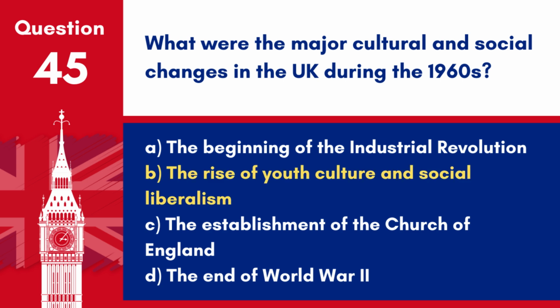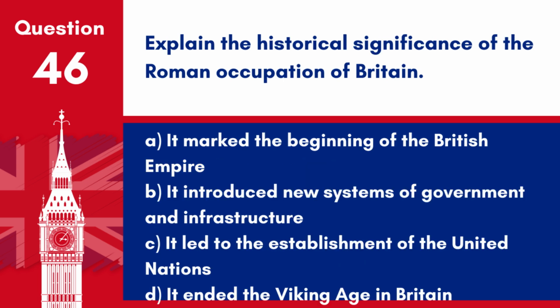Answer. B. The rise of youth culture and social liberalism. The 1960s in the UK were marked by major cultural and social changes, including the rise of youth culture and social liberalism.